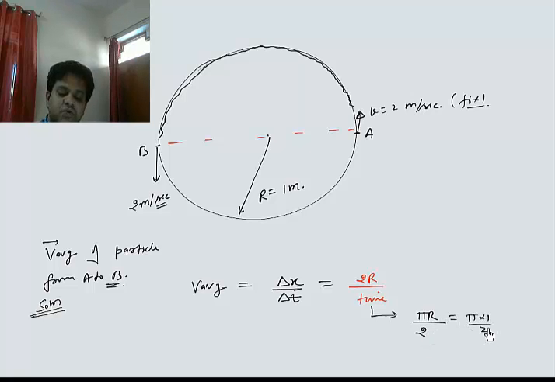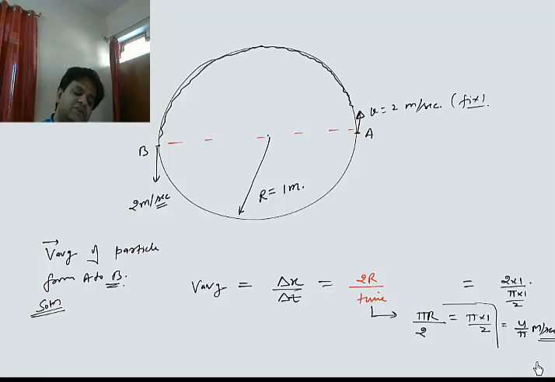So pi into 1 by 2, this is the time. So overall we can calculate the average velocity to be 2 into 1 by pi into 1 by 2, that is 4 upon pi meter per second. So this is the average velocity of the particle from point A to point B.